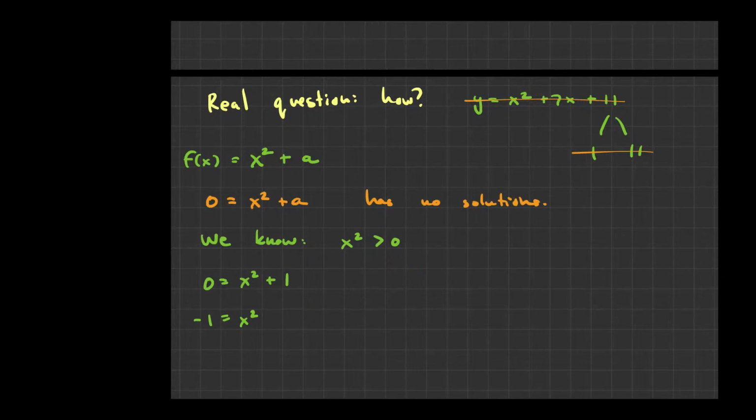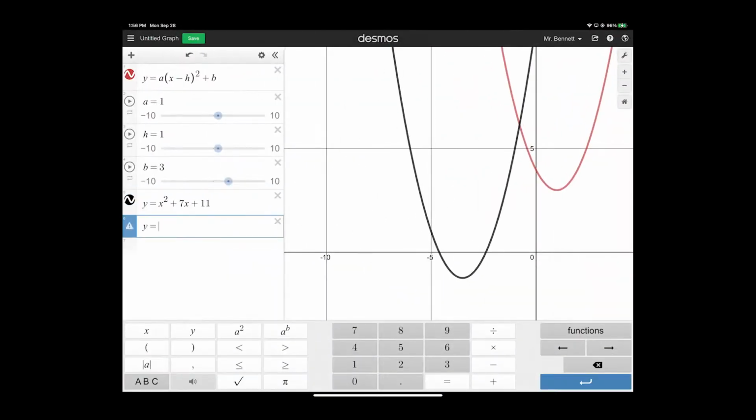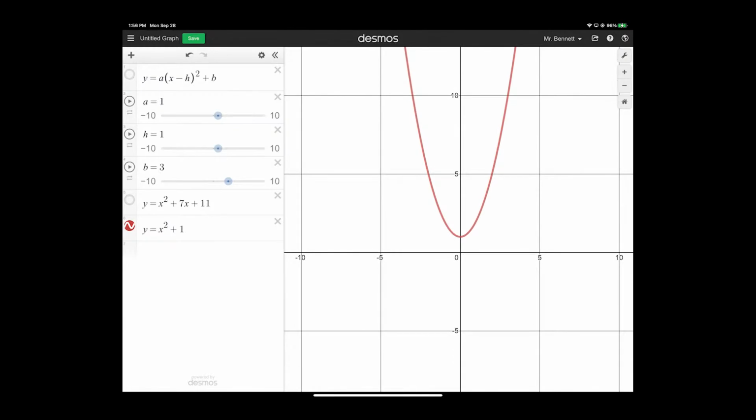And we know that's not possible. So let's take a look at that function. Let's do y equals x squared plus 1. I'm going to hide these other ones. No roots. No roots, right?